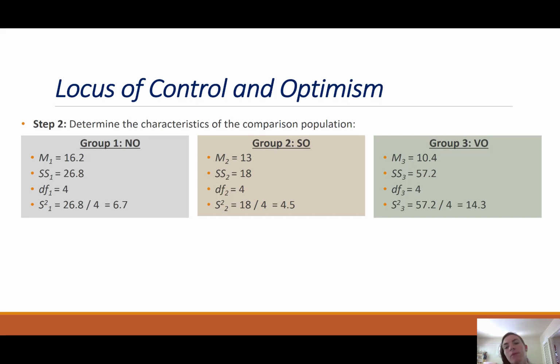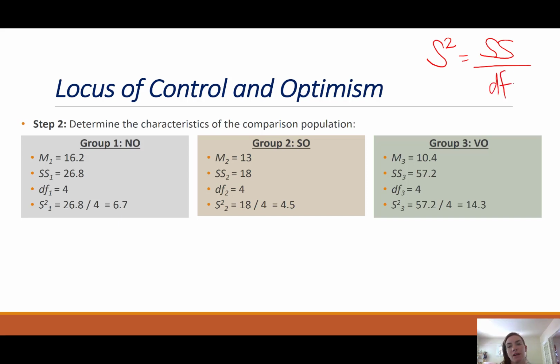And there's one final piece of information here that I'm listing for each group, and that is the estimated population variance. We have one estimate coming from group 1, one from group 2, and one from group 3. We calculated those estimates for each group using this familiar formula. The estimate for population variance is equal to sum of squares over degrees of freedom.